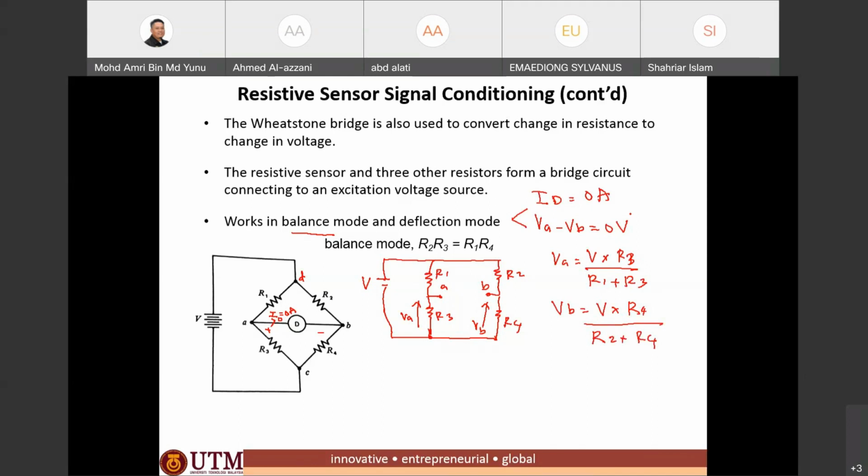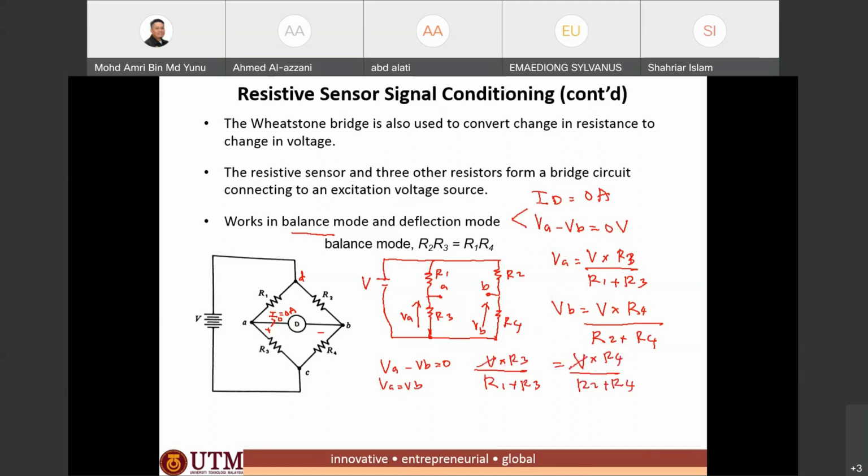And then we know that VA minus VB is equivalent to 0 volt. So VA minus VB equals 0, then VA is equivalent to VB. So we put all these VA and VB terms into the equation here. So we get V multiplied with R3 over R1 plus R3 equivalent to V multiplied with R4 divided by R2 plus R4.